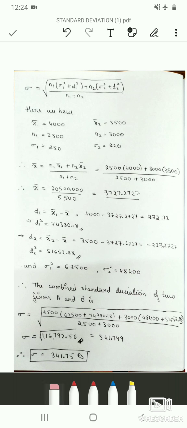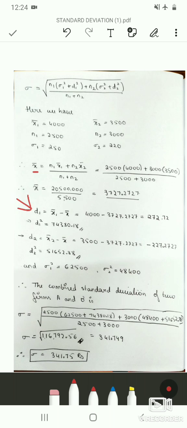So now first let us calculate x bar, because we need x bar in the D1 formula. So what is the formula for x bar? That is n1 into x1 bar plus n2 into x2 bar divided by n1 plus n2. So substitute the values.